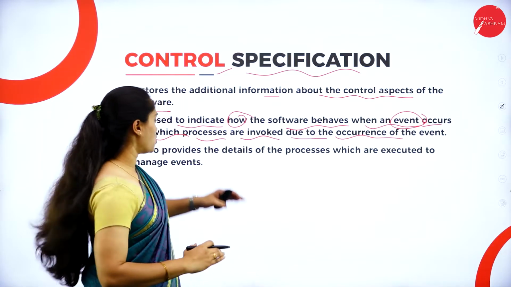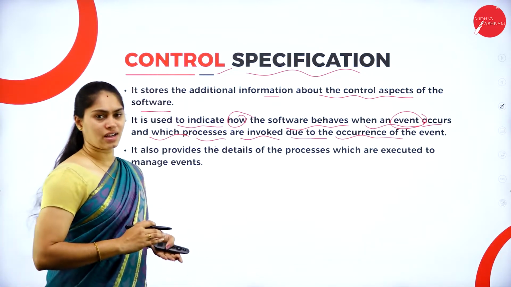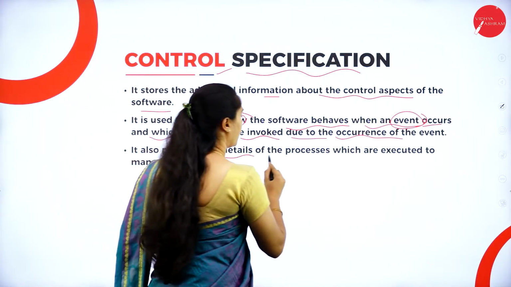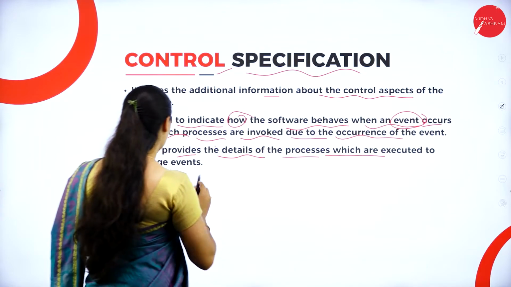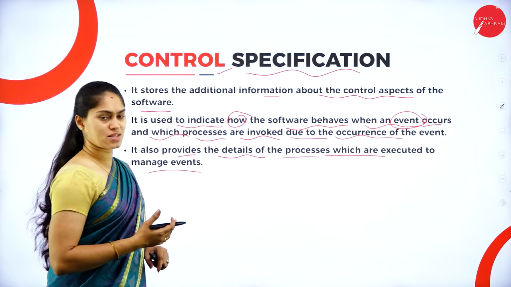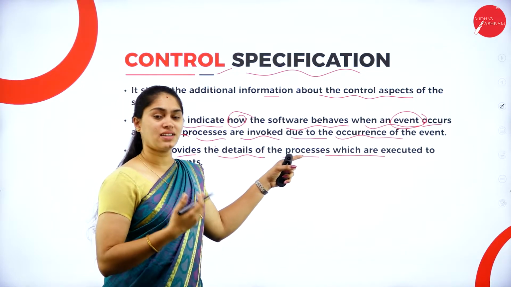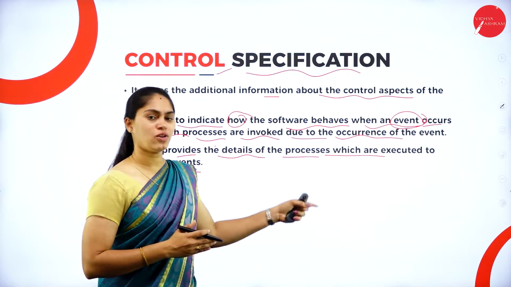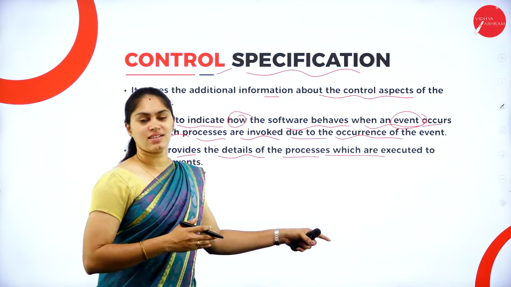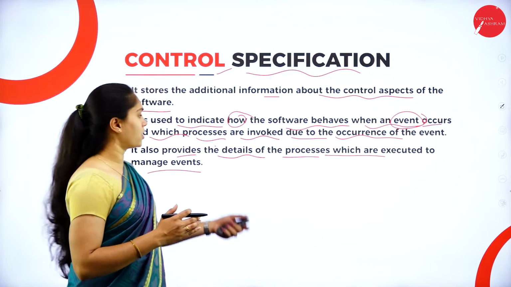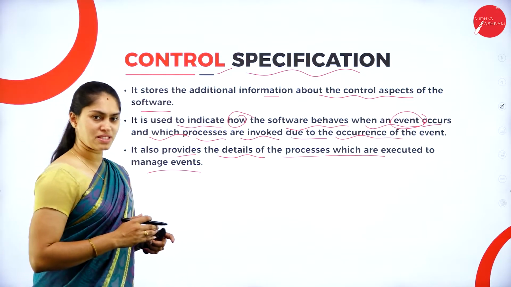All this information is going to be stored in the control specification, and mainly it is going to provide the details of the processes which are executed to manage the events. Mainly it shows what the software behavior is when a certain event is occurring, what is going to happen, and what further process takes place.